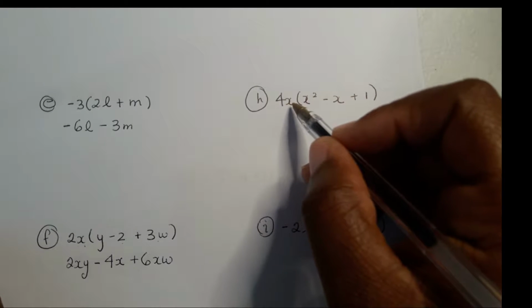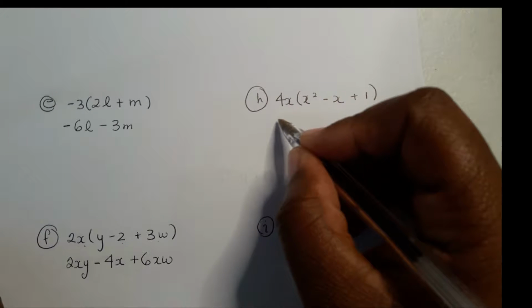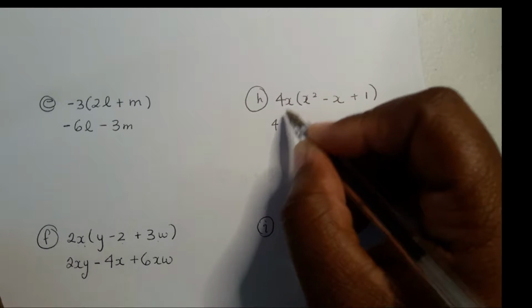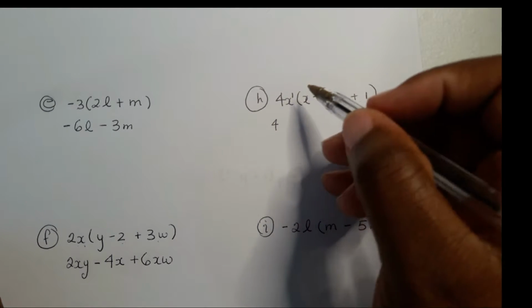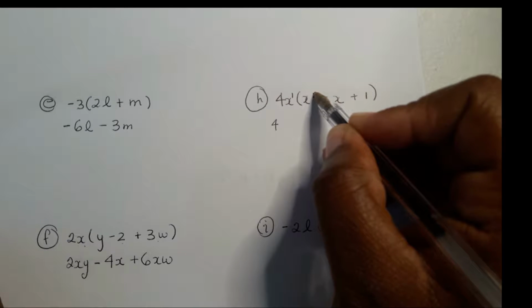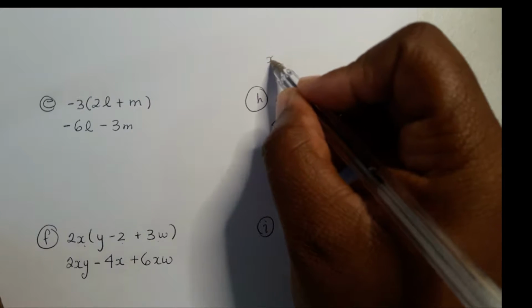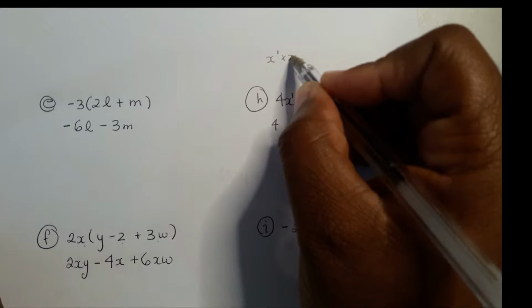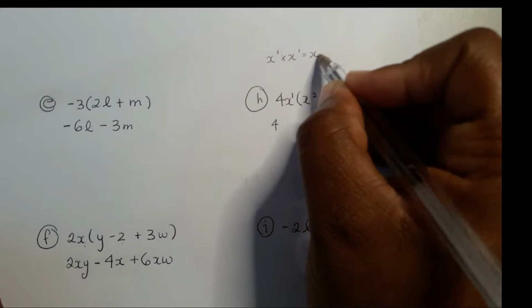Here we have 4x squared. So remember, if you have x squared, remember that's a 1 up here, so you would add the exponents. Remember, when you do x to the 1 times x to the 1, you get x squared.